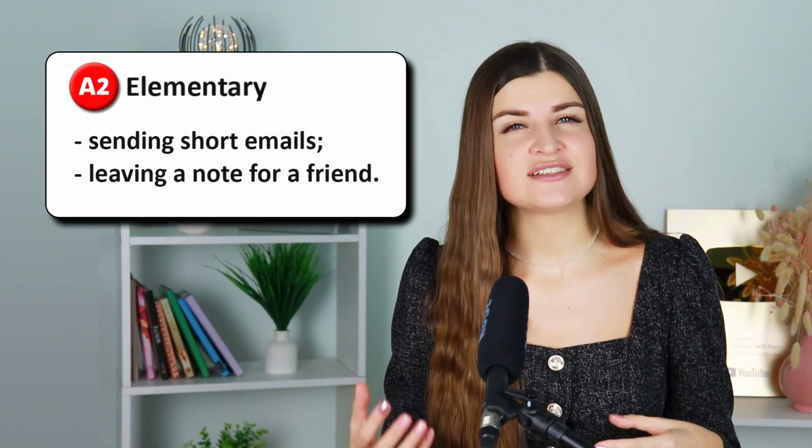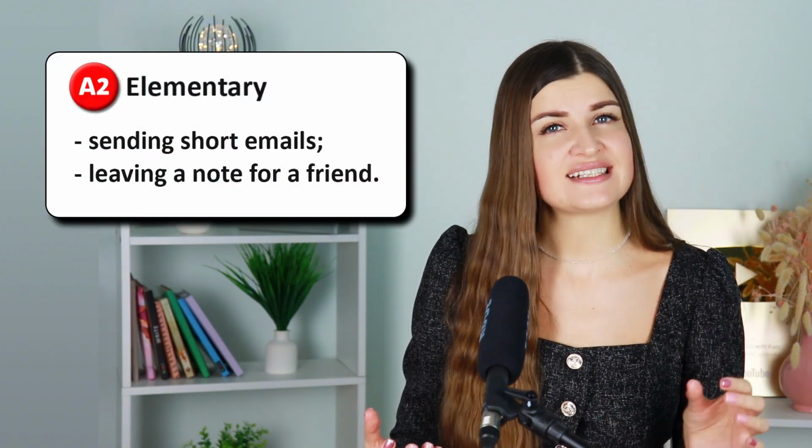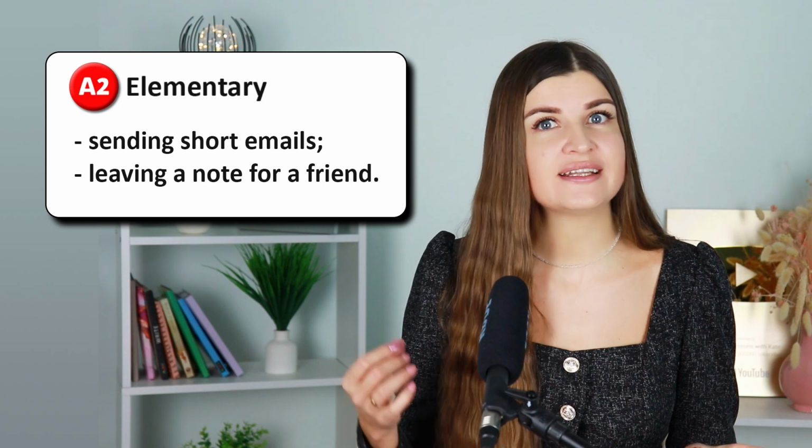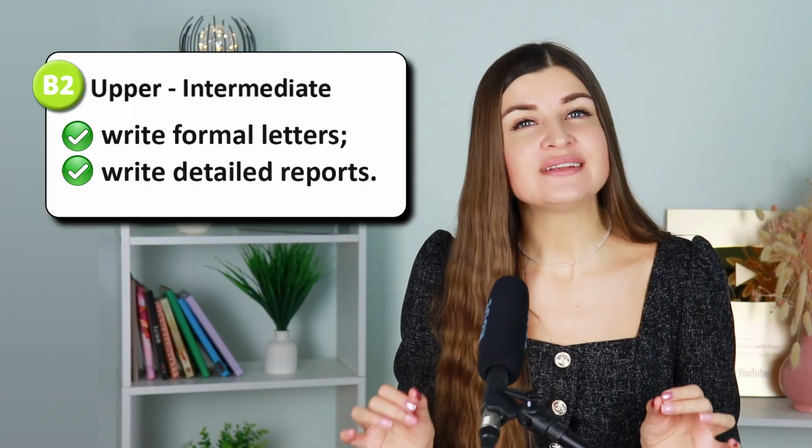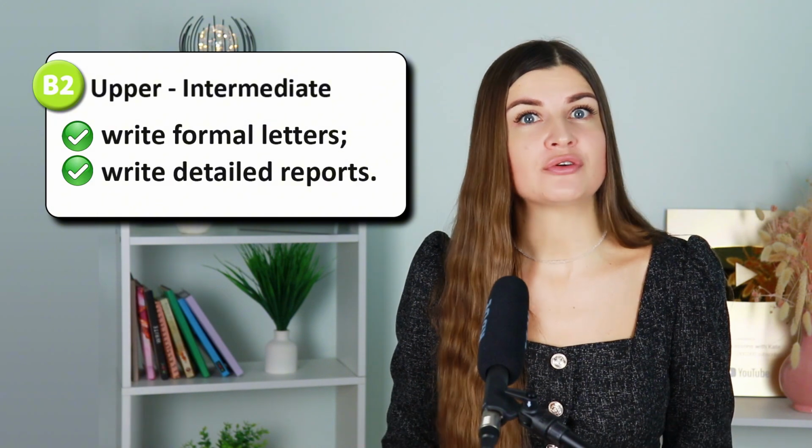In terms of writing, at A2, you can handle basic tasks like sending short emails or leaving a note for a friend. For example, "Hi Anna, let's meet at the cafe at 3 p.m." At B2, your writing becomes much more advanced. You can write formal letters or detailed reports.